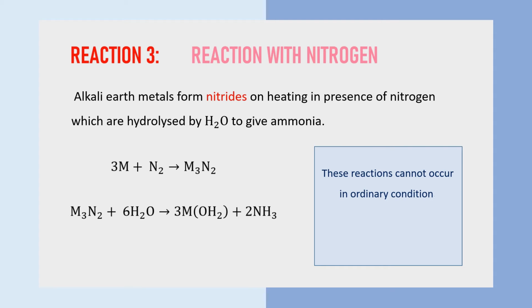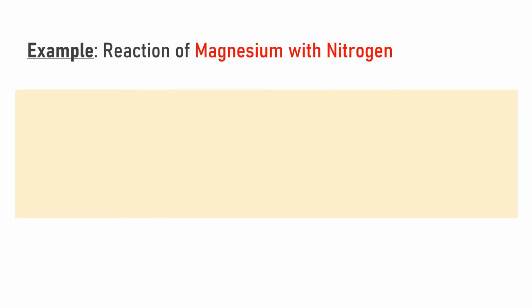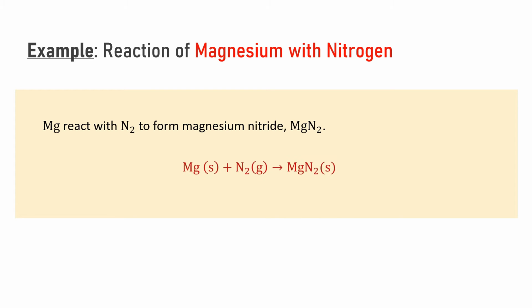These reactions cannot occur in ordinary conditions. Extremely high temperatures are required for this reaction. Example: reaction of magnesium with nitrogen. Magnesium reacts with nitrogen gas to form solid magnesium nitride.